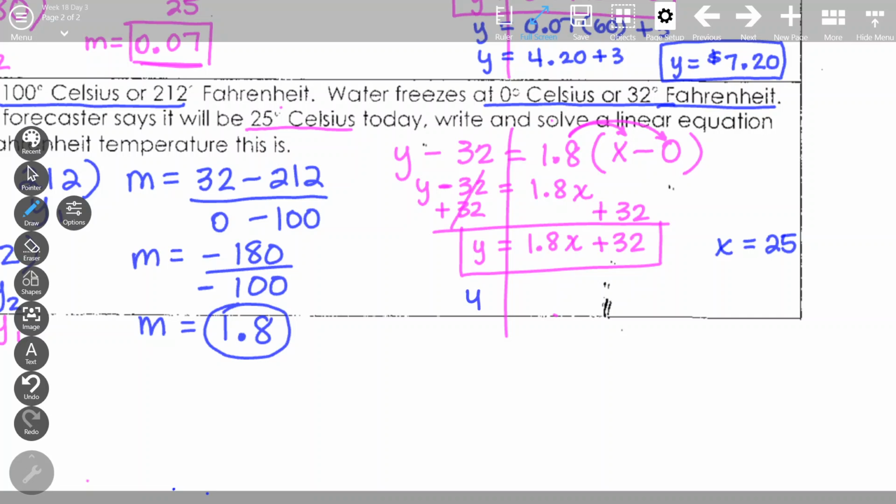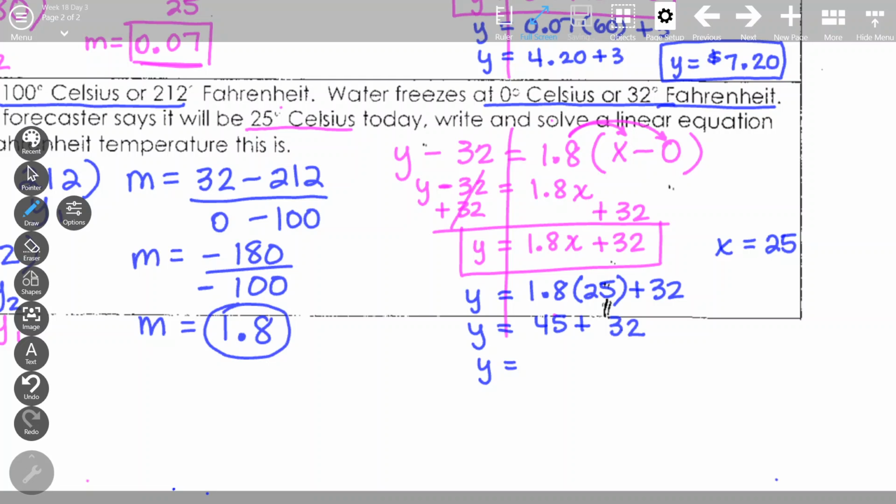So y equals 1.8 times 25, because x represents the degrees Celsius, and we're going to add our 32. Now, if you're not sure of this, put it in your calculator. 1.8 times 25, and you get 45. 45 plus 32 equals what?